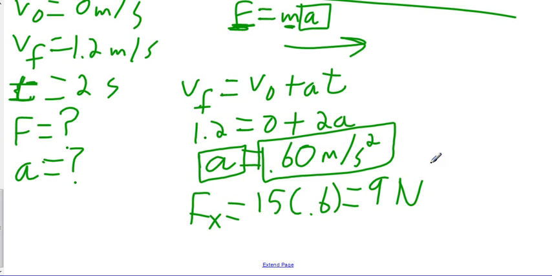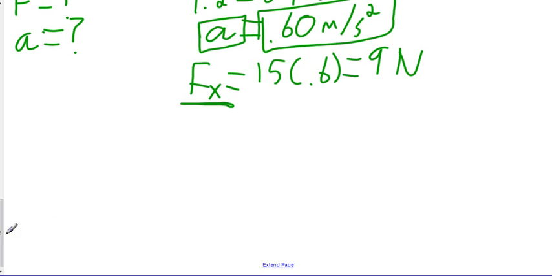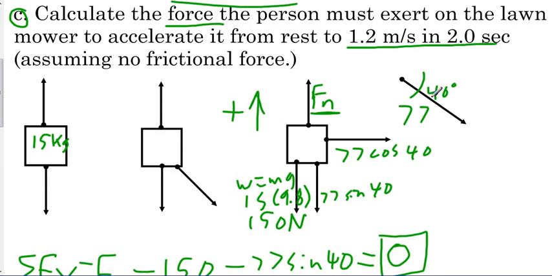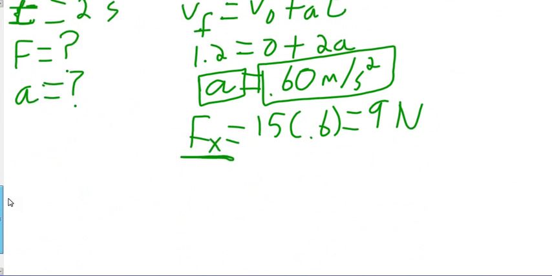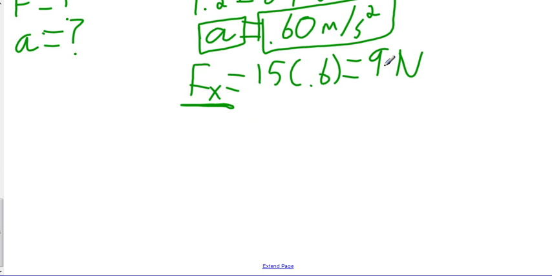But this is not the answer to the problem. This is only the x component. We need to think back to at the very top when we made this into its x and y components. We just found the x component, and now we need to find the resultant. If we say that this is the force that is applied, the x component was given by cosine 40. That is going to be equal to 9 newtons.